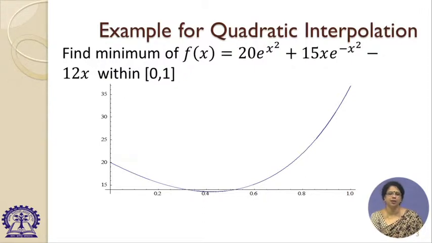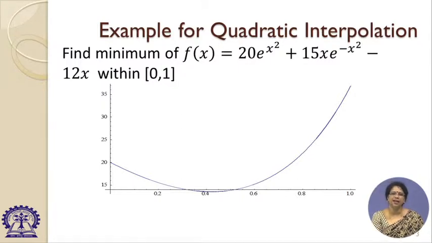Now, what should be the polynomial of degree 2 which is best fitted for this function? How will we start our journey? Let the polynomial be a0 + a1 x + a2 x^2. What is unknown to us?